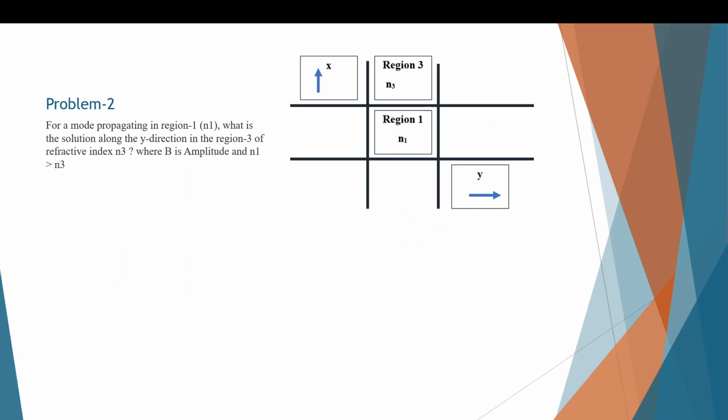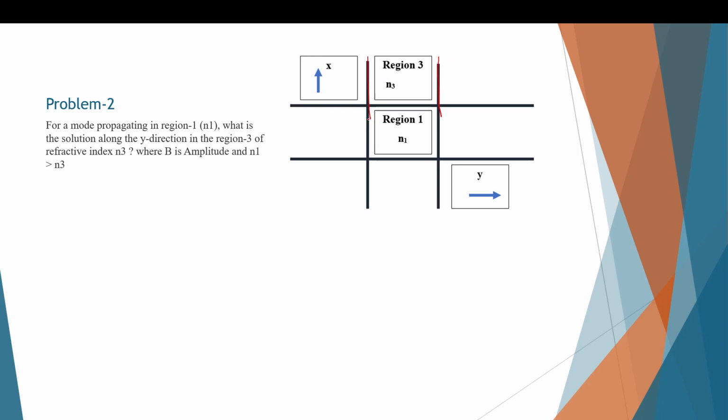Similarly, in problem 2, again the mode is propagating in region 1. Now they are asking that in region 3 we have to predict the solution along the y direction. If we observe, now the boundaries are this and this.